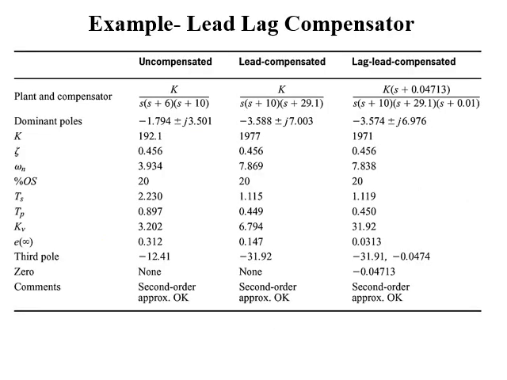Dear students, the table summarizes system response for uncompensated, lead compensated, and lag-lead compensated systems. It also shows the position of dominant poles, gain, transient specification, and steady state error.